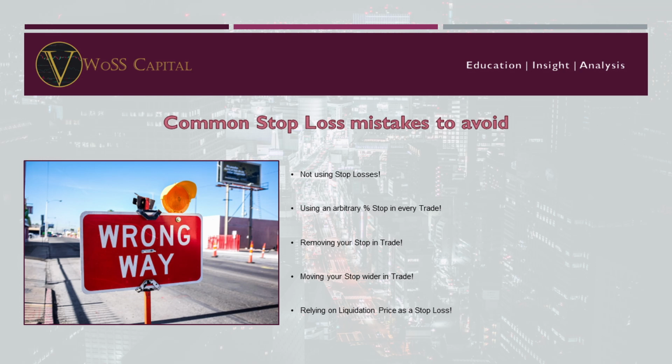And if you look back at the numbers within the first session, when we looked at how hard it is to recover from excessive losses, and how much of an account you would lose after a series of excessive losses, it can wipe you out really, really quickly. Let's say for example you've got 5 trades on at the same time, and a news event happens market wide, and you're not using a stop loss, and all 5 of those trades lose 10%, and you're in with your full account across those 5 trades.